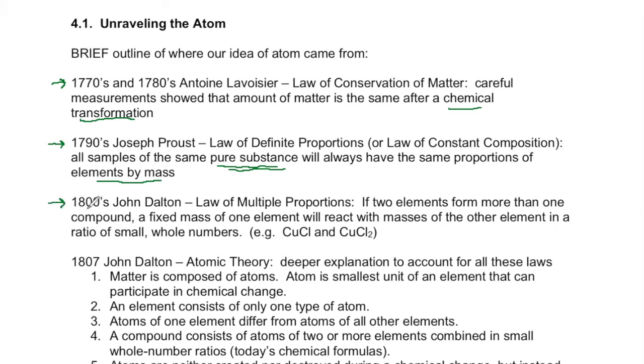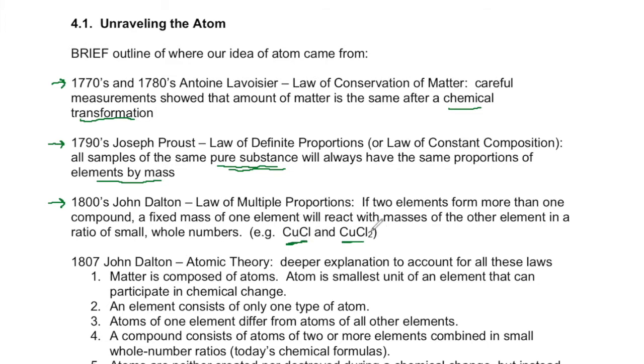And then a little bit later on, it was also noted that sometimes there are two different compounds that can form from two elements. Like, for example, copper and chlorine can form two different types of compounds. And so the ratio of copper and chlorine is not always the same in all copper chloride compounds, but there are two types, and within each type, the ratio is going to be one or the other.